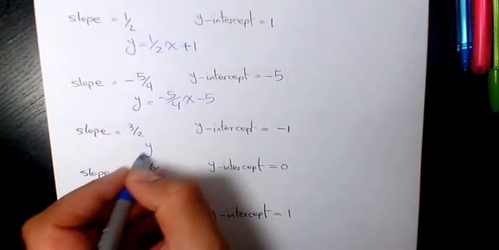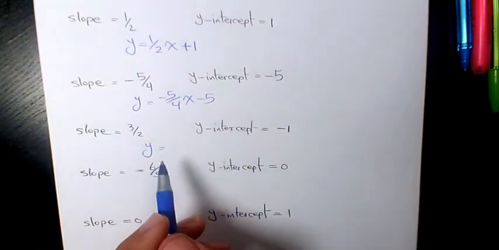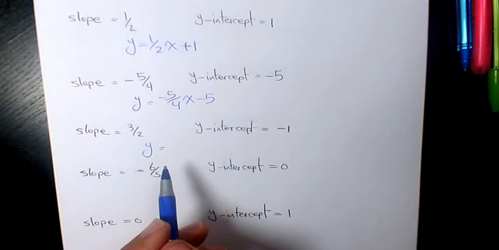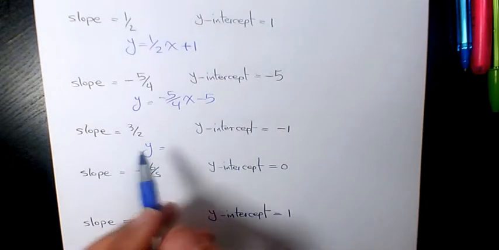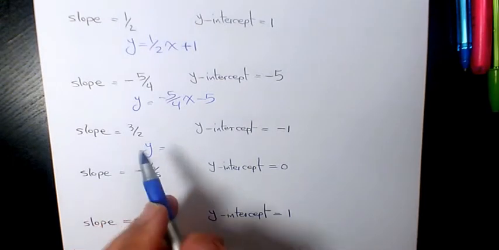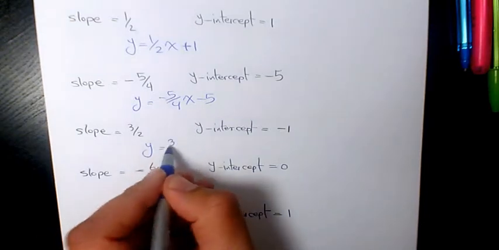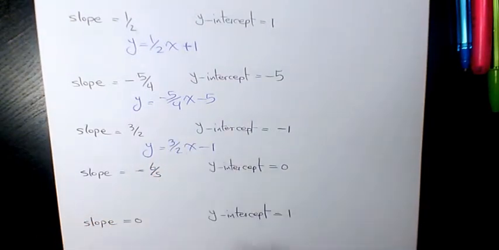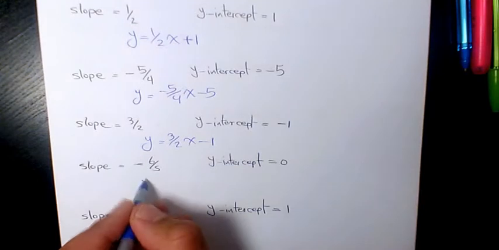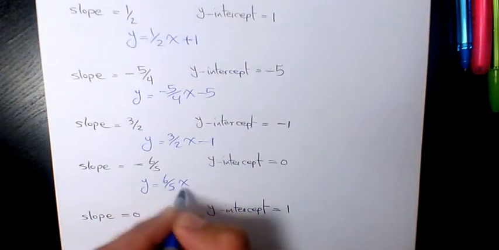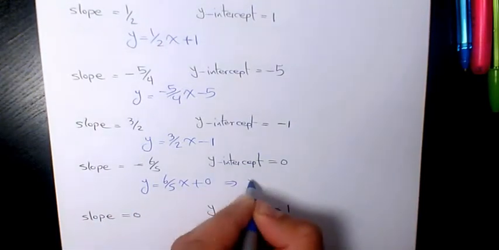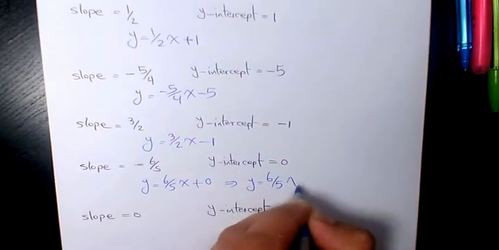Next one, as you see here, all of these forms are called slope-intercept form, or slope y-intercept form. Next one, the slope is 3/2, x minus 1 as the y-intercept. Next one is going to be 6/5 x plus 0, so we have 6/5 x.